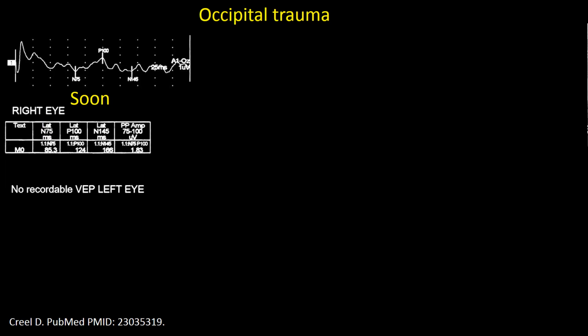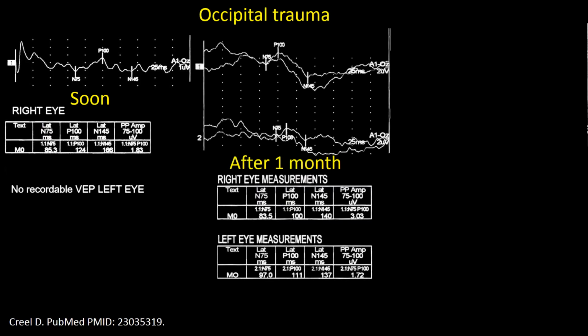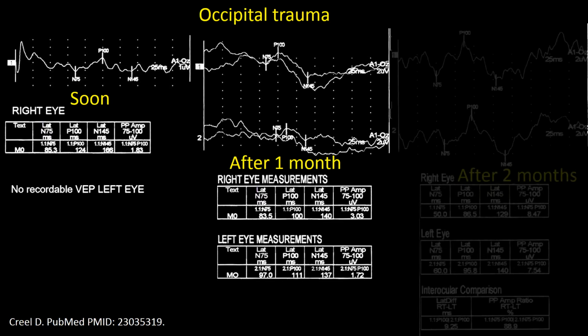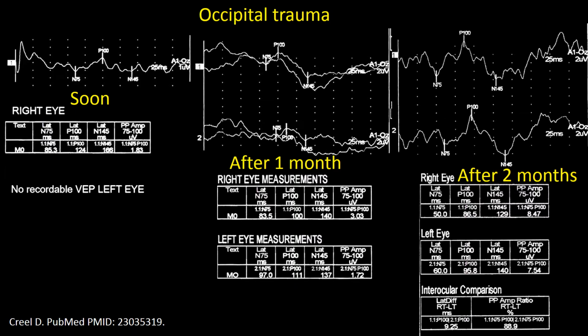As you can see, no recordable waves were present in the left eye. One month later, the waves were present when the left eye was stimulated, but they were poorly formed, as you can see, and they are clearly present after 2 months.